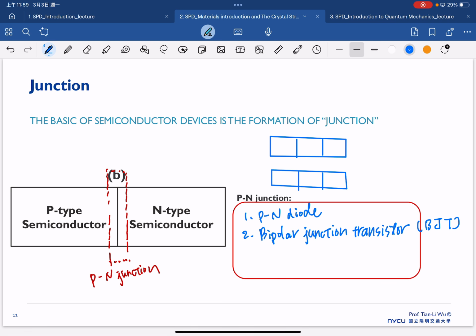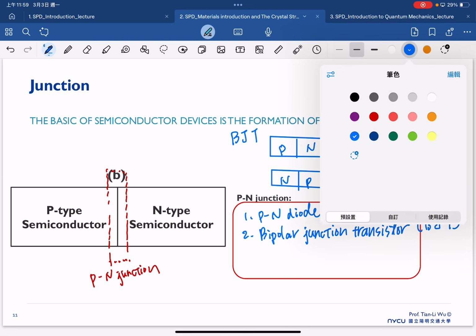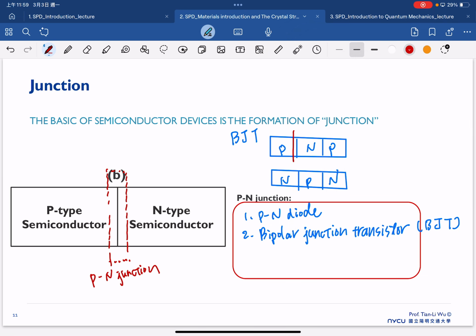So we have the PNP, or we have the NPN. So that's what we call the BJT. And inside the BJT, we have to deal with two junctions. So we have junctions here, here, here, here.